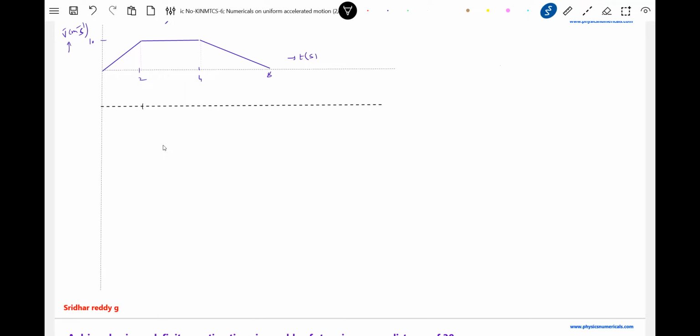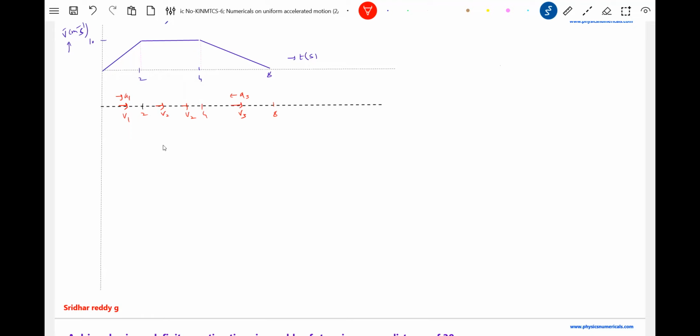So for the first 2 seconds, here the body will accelerate. The body will move with a constant speed. Here the body will undergo retardation. Okay, this is A1, this is A5, whatever it may be.